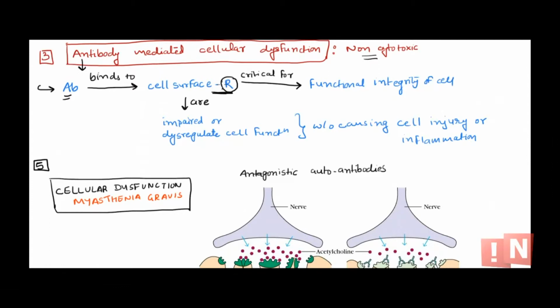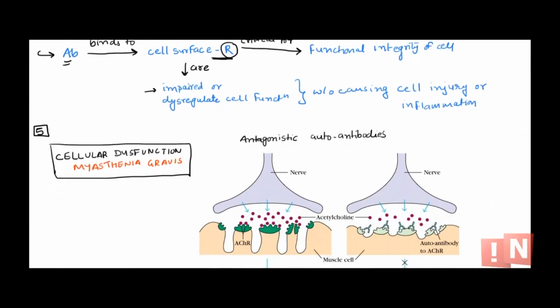Let's say, for example, it can pass nerve impulses, or it is important for production of some hormones. So once these antibodies bind to this receptor, it will either block the function of that receptor, or it will cause overproduction of some hormone.